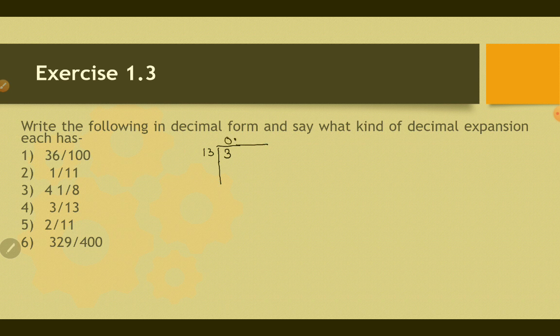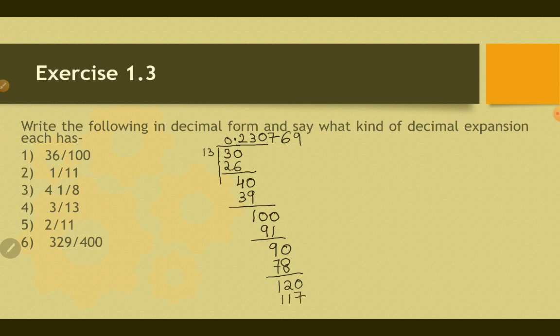So 0.30, 13 twos are 26, 40, 13 threes are 39, remainder 1, 10. 10 doesn't go in 13, so 0, 100, 13 sevens are 91, 9, 0, 13 sixes are 78, 2, 0, 1, 2, 0, 13 nines are 117, 3.